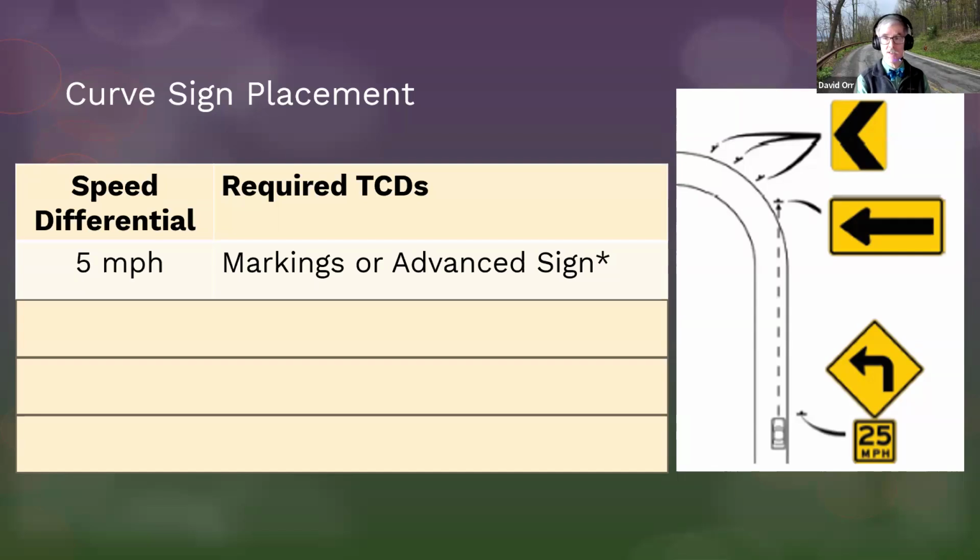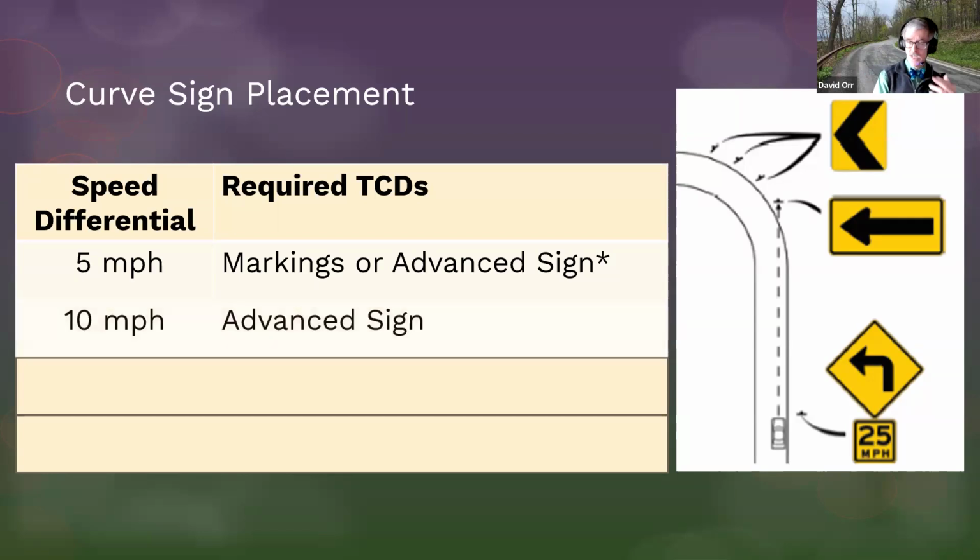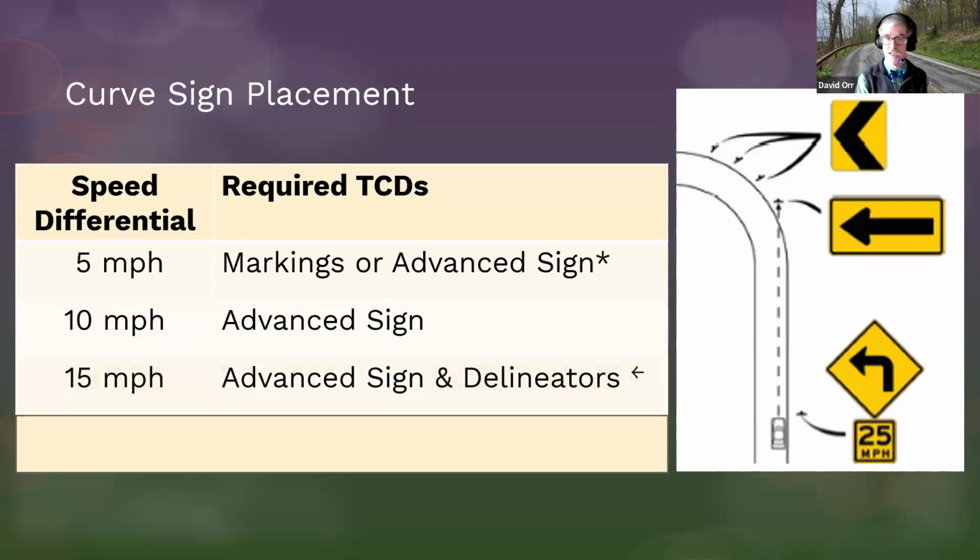And if you're losing the markings due to winter maintenance activities, you might want to think about putting up that advanced sign. If the speed differential is 10 miles an hour, so it's in the 5 to 10 range, it's higher than 5, it's 10 miles an hour, you need to have an advanced sign, okay? If it's 15, you need to have an advanced sign and some delineators going around the corner.